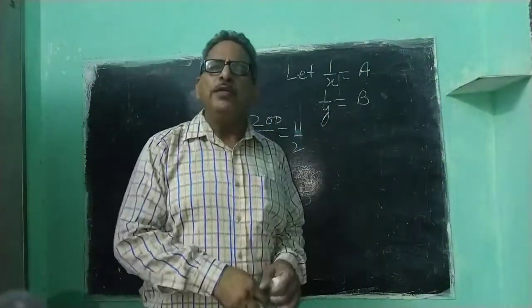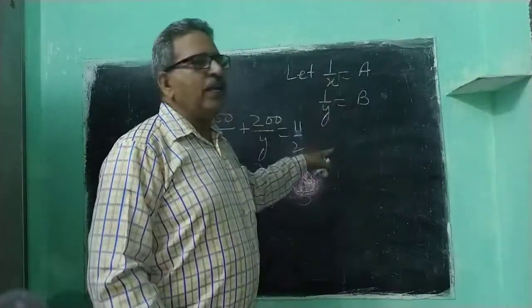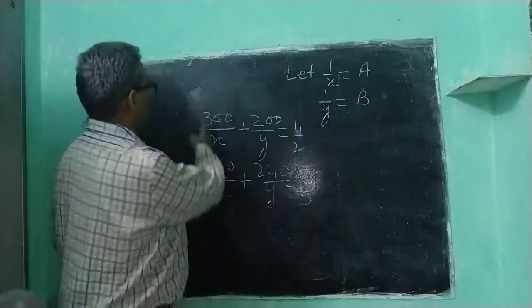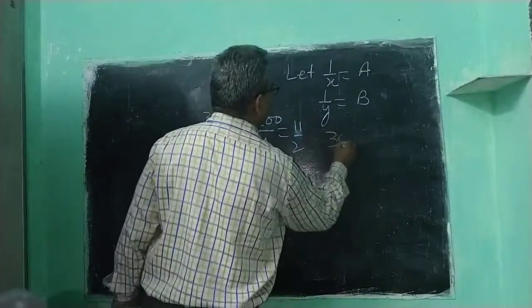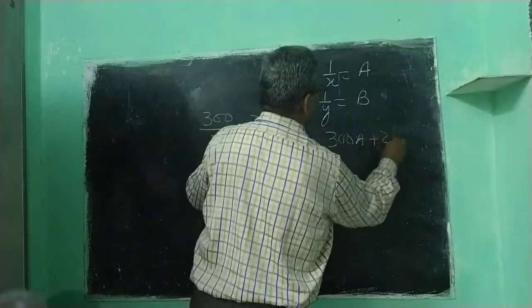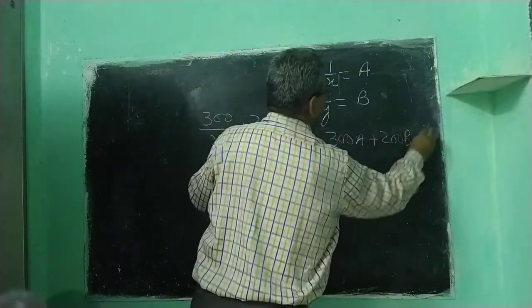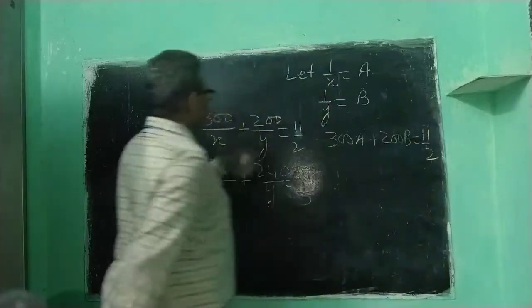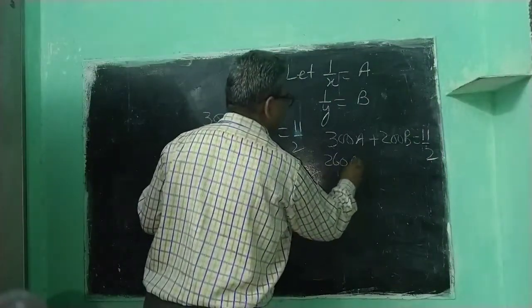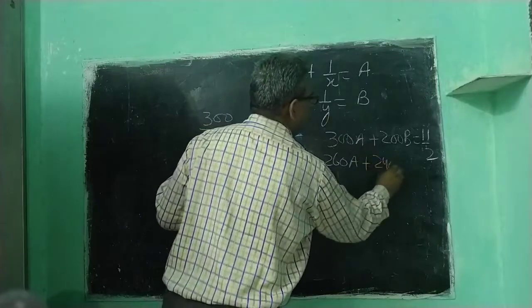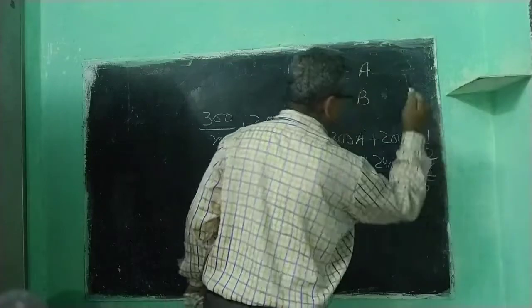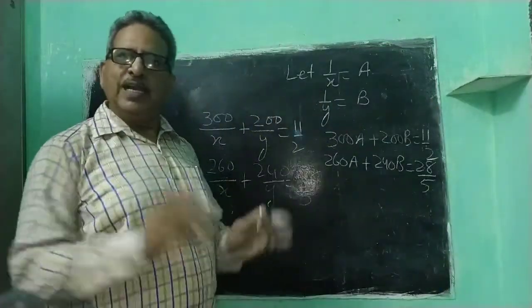So when we put these values, the equations will become 300a plus 200b is equal to 11 by 2, and here 260a plus 240b is equal to 28 by 5. Clear?